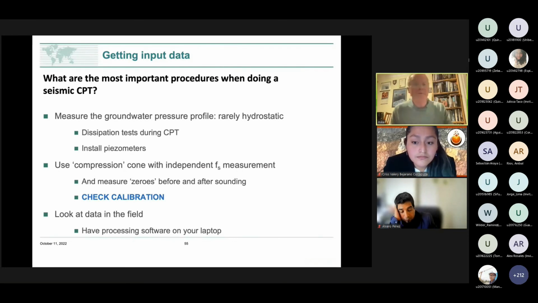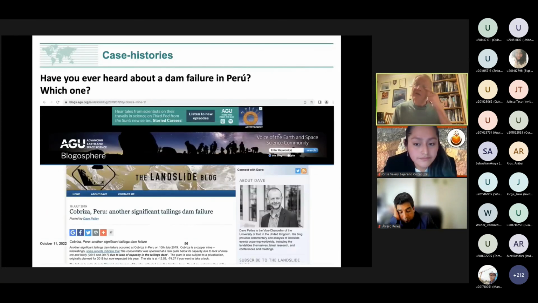If I go ahead now to the third question, have you ever heard about a dam failure in Peru? Which one? Well, the answer is, on my CV it mentions I worked in Peru, but I only worked in constructing the Estrada tailings dam. I've not been asked to be part of any investigation of a dam failure in Peru.